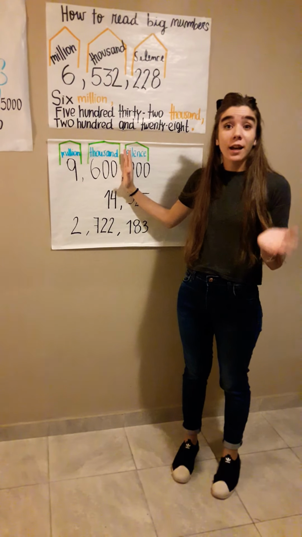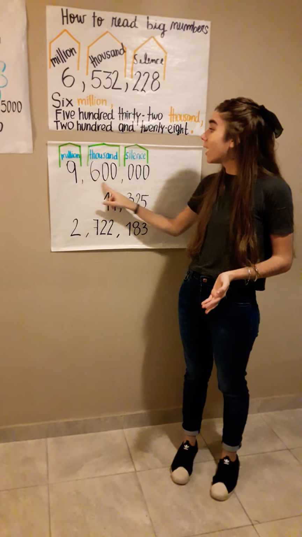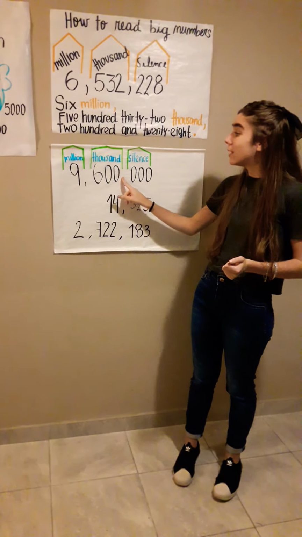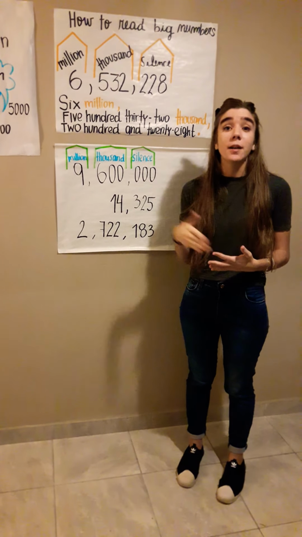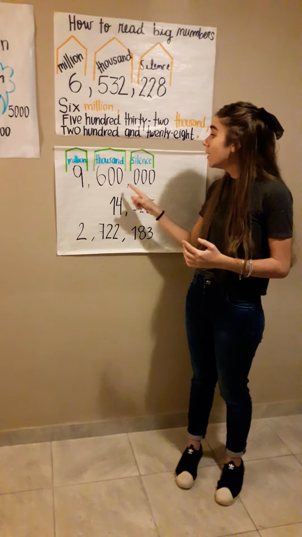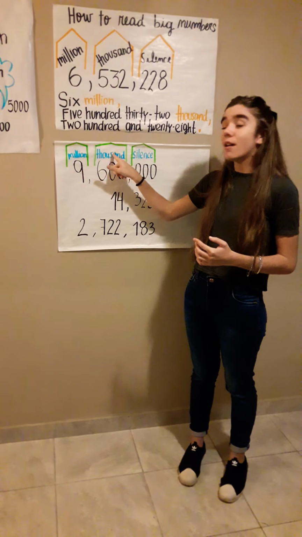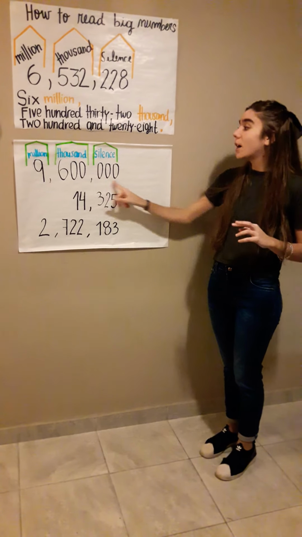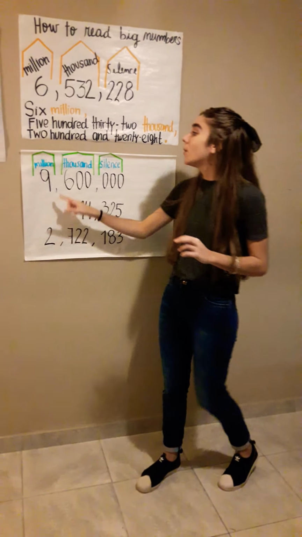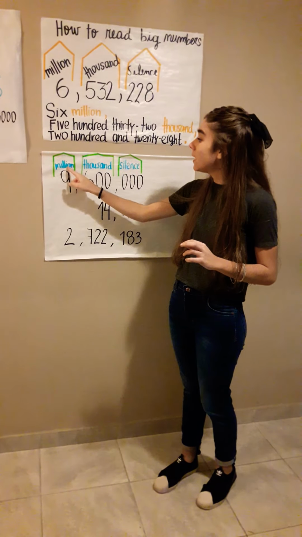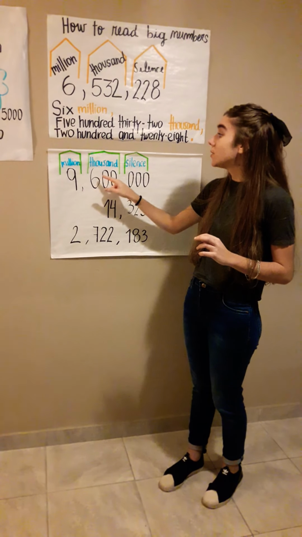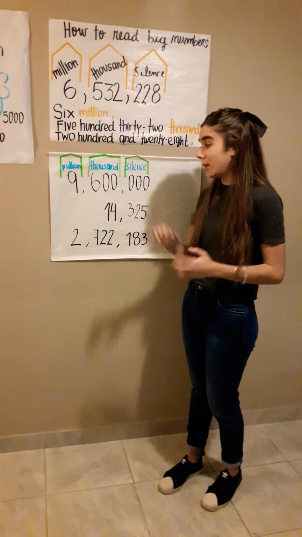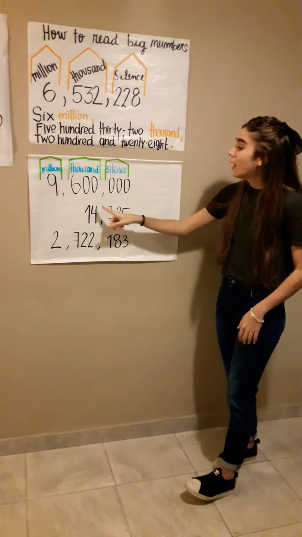And who is in the house of the 1,000? We have this number. And we read this number 600. Okay? So, 600,000. And in the silence house, we don't have a number. Yes? So, this number is 9,600,000.